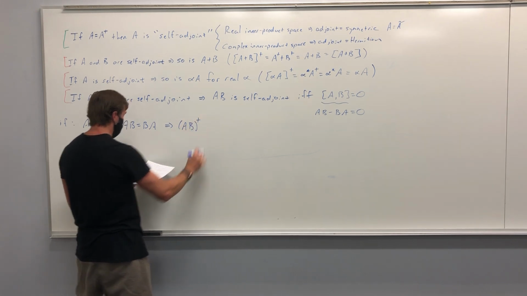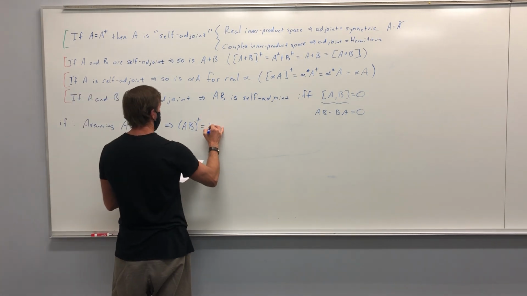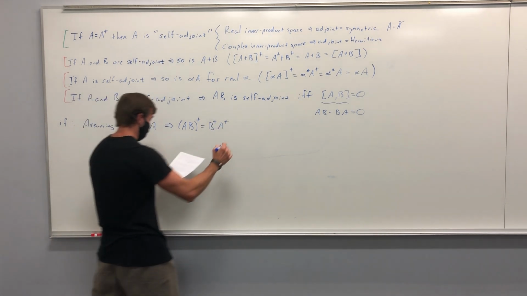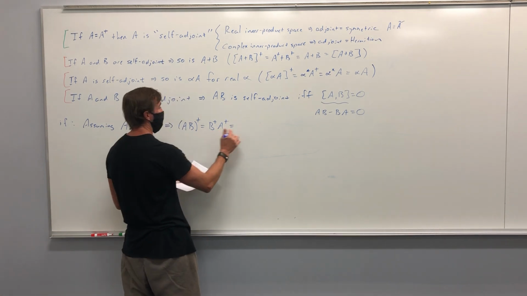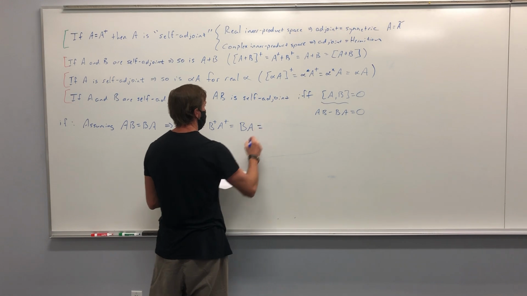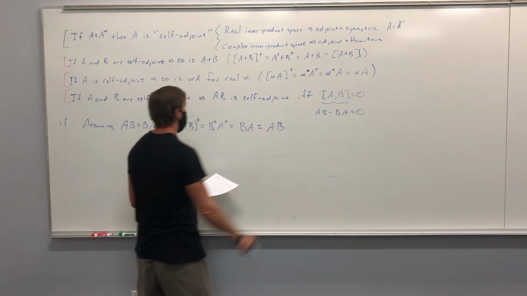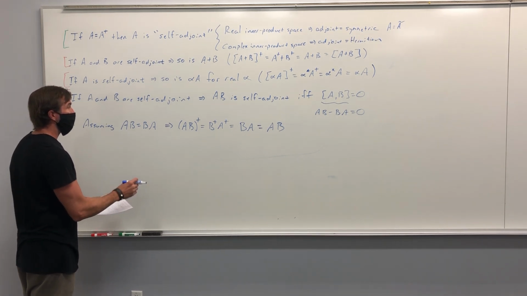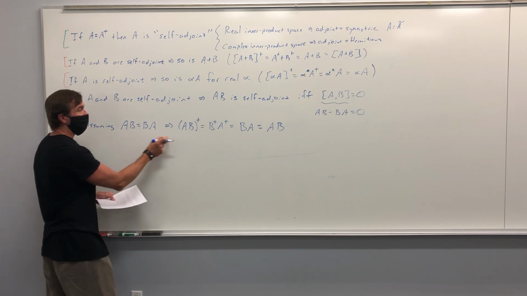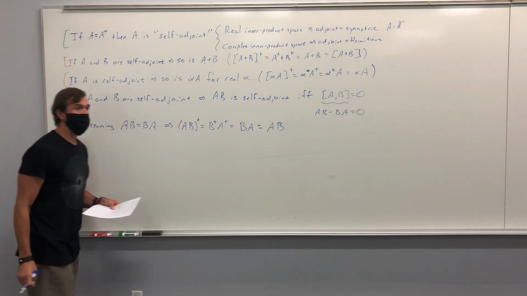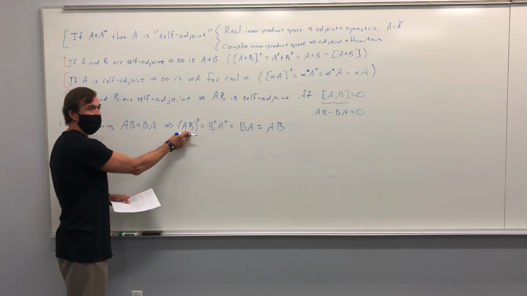AB dagger is B dagger A dagger. They're self-adjoint individually, so that's just BA. But if they commute, that's just AB. So what we just showed is that if they commute, then AB dagger is equal to AB. That is, the product AB is self-adjoint.